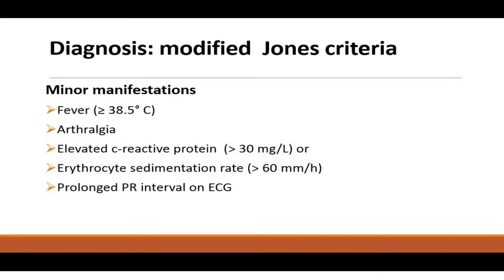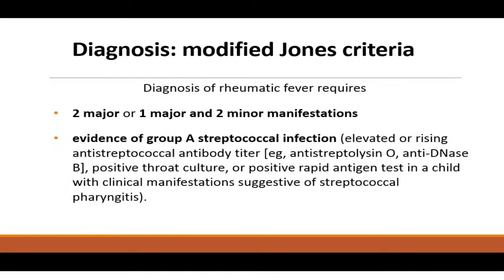So how do we detect and make the diagnosis of acute rheumatic fever? If we have two major, or one major and two minor manifestations, we say rheumatic fever. And we need evidence of group A streptococcal infection. How may we detect previous infection?